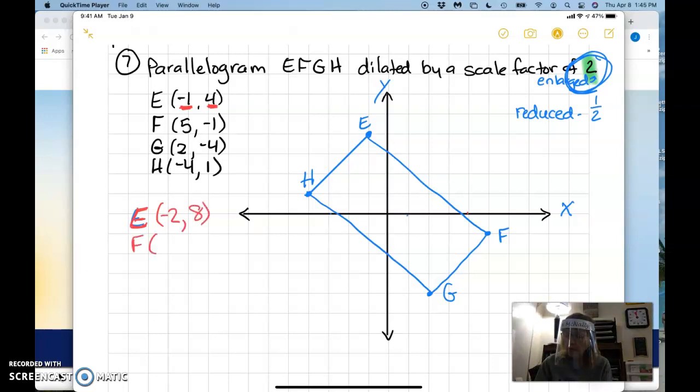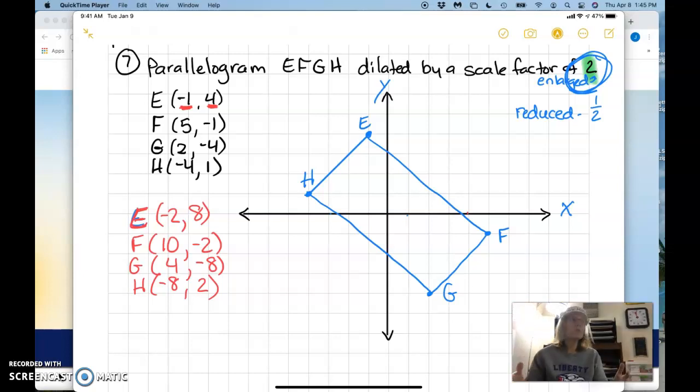How about 5 times 2? Negative 1 times 2 again, we just had that. Negative 2. 2 times 2. 4. Negative 4 times 2. Negative 8. Yes, good. And negative 4 times 2 again, we just had that. And 1 times 2. 2. Okay, so we just multiplied everything by 2.